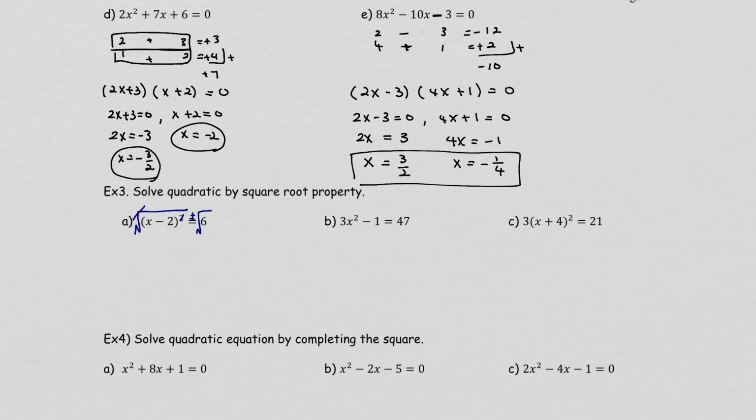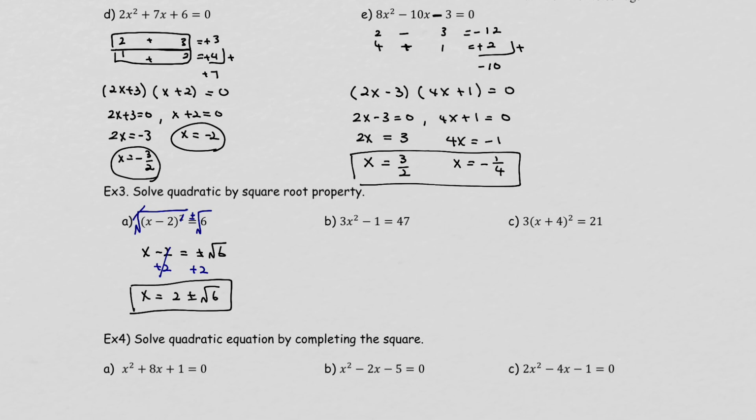When you do that, you end up getting x minus 2 equals plus minus square root of 6. And when you isolate x by adding 2 on both sides of the equation, you get x equals 2 plus minus square root of 6. That's it. That's how you solve a quadratic equation using the square root property.